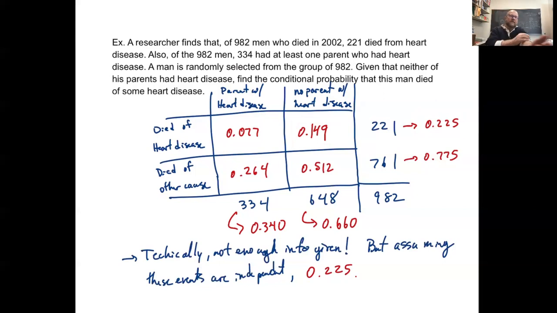But in any case, I've actually shown you more than you need here, because we've looked at how you would get the probability that he died of some heart disease and that he did not have a parent with heart disease, but also the probability that he died of some heart disease with no assumptions, because independence would be making no assumptions, right?